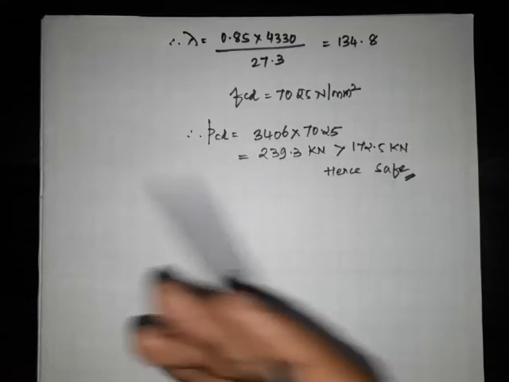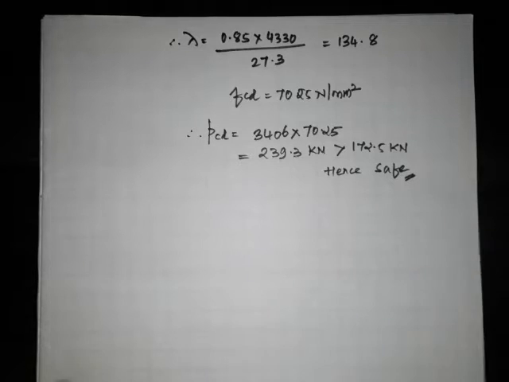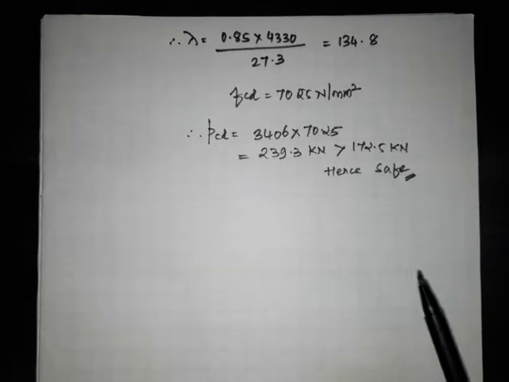You can go for a lower member also, because here we are getting 239. For the first trial we selected 80 by 6. If you go for 80 by 80 by 8, then also you may get safe.